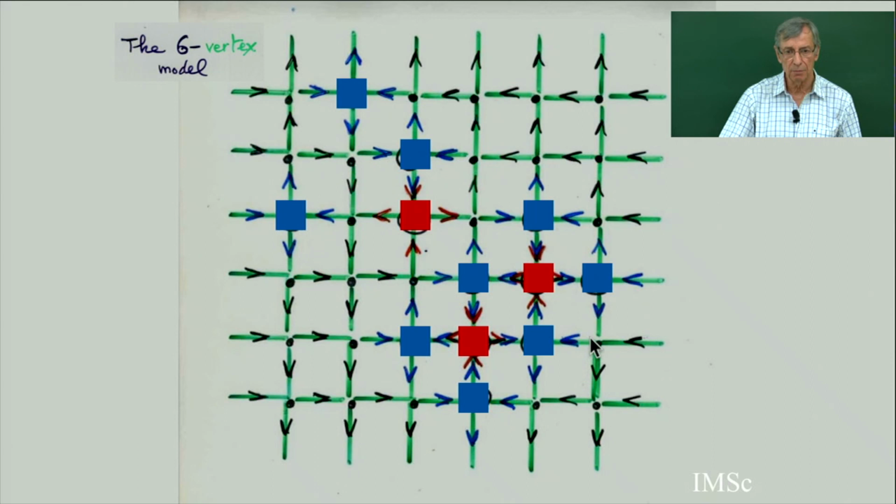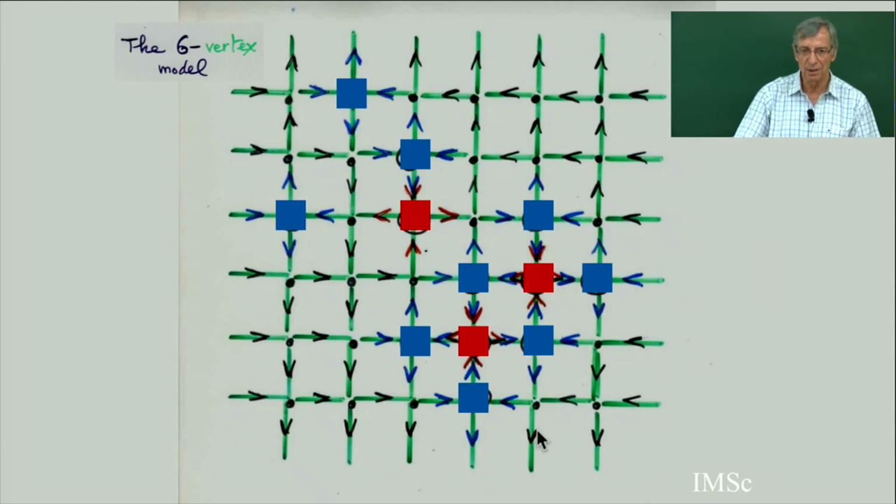but there is some boundary condition. The boundary condition is called the domain wall condition, because on the left, all the edges must come inside the grid, must go from left to right. All the edges on the right must go from right to left. All the edges above must go away above, and all the edges below must go down.